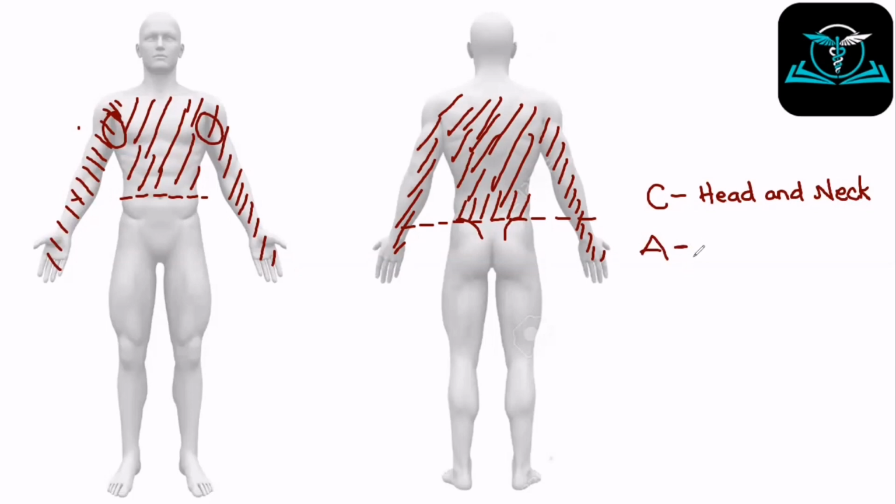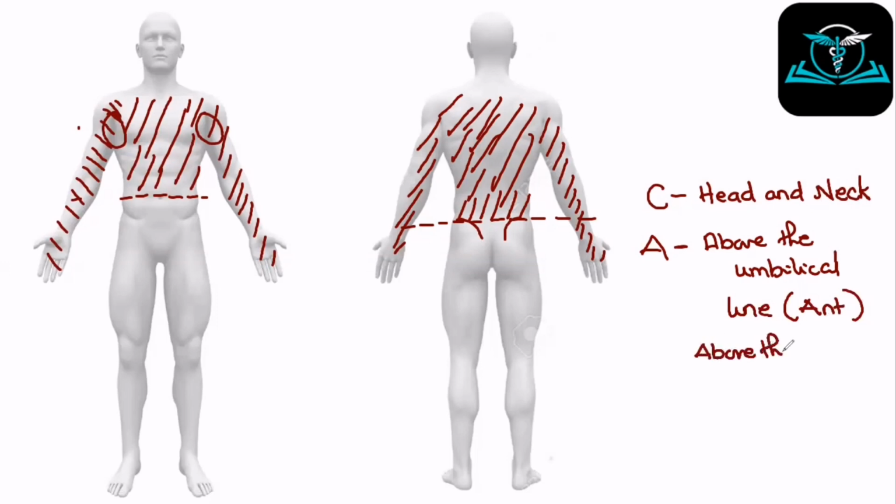The general principle is that the axillary lymph nodes will drain above the umbilical line anteriorly, and above the iliac crest posteriorly.